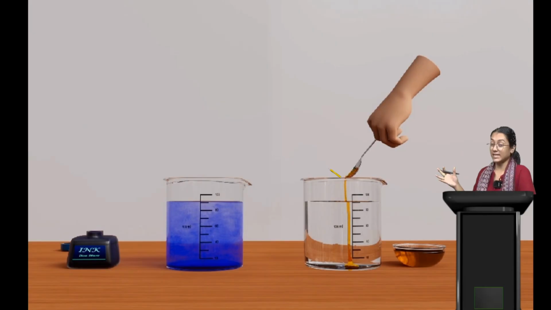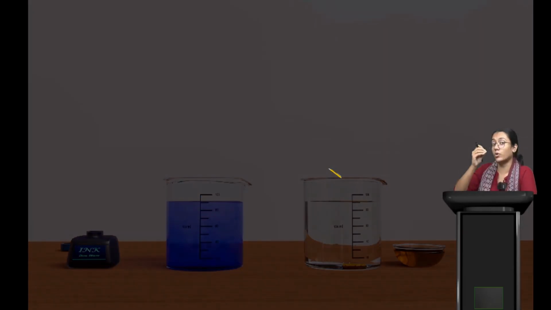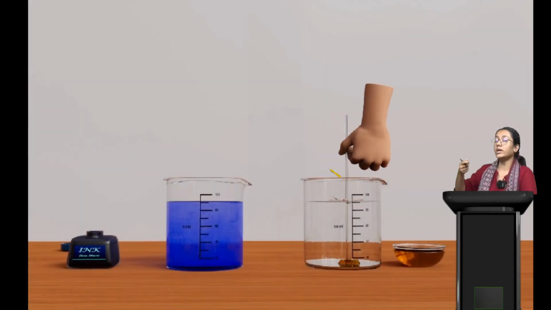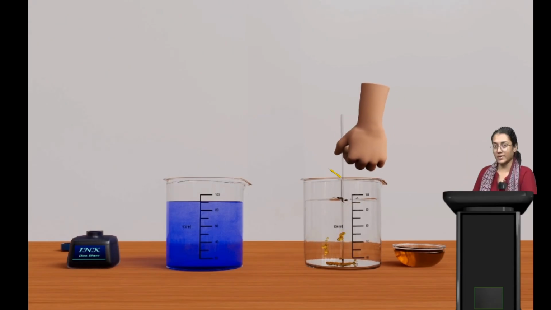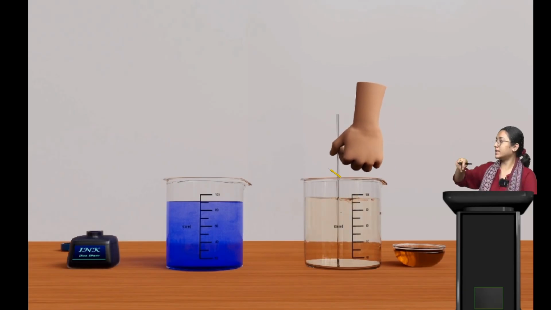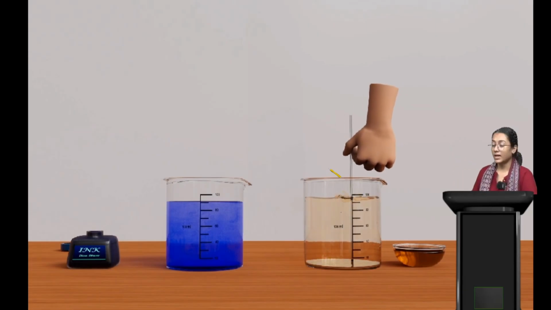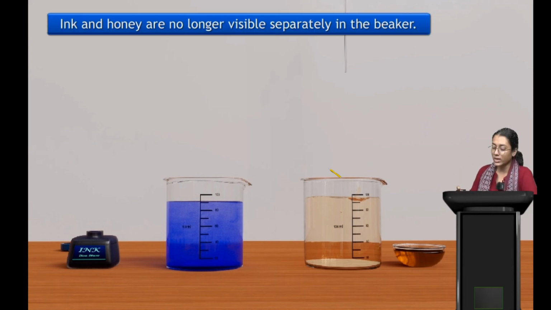Similar to this, in the second case there is a small bowl of honey. With a spoon we poured some honey into the second beaker, and with a glass rod we are stirring the mixture. After some time we can observe that the honey is also getting dissolved in the water, right?